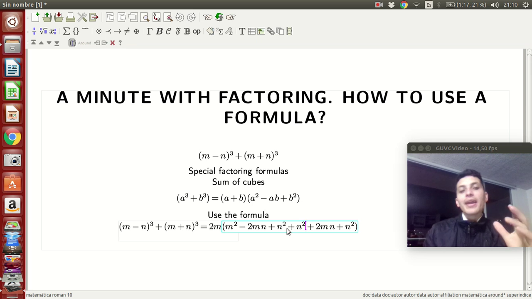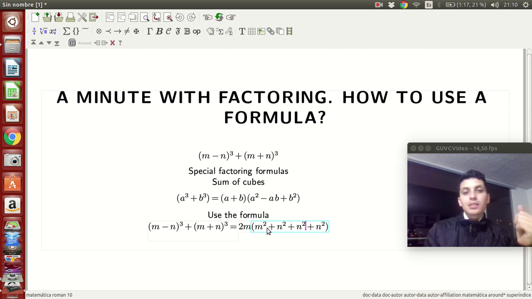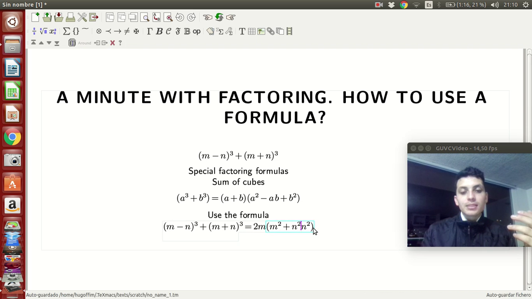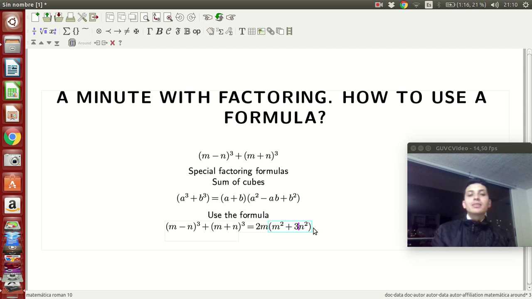In the same way, we have 2mn negative and 2mn positive, so we can simplify it, cross out. Goodbye. And we have 3n squared, so this is plus 3n squared.